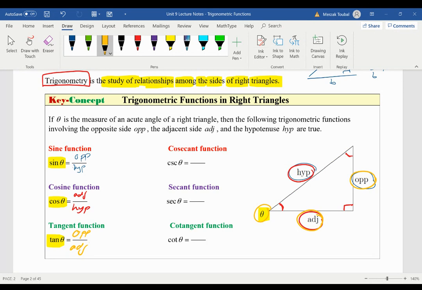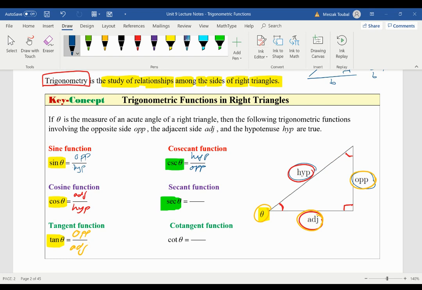Now, sine, cosine, and tangent have reciprocals. The reciprocal of sine will be cosecant. So the reciprocal means we just take the reciprocal of the sine function. Since the sine is opposite over hypotenuse, then the reciprocal of that will be the hypotenuse divided by opposite. And the reciprocal of cosine is secant.